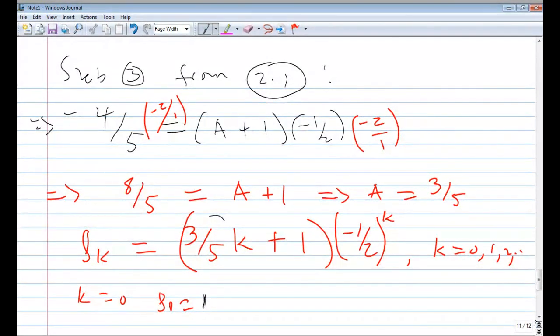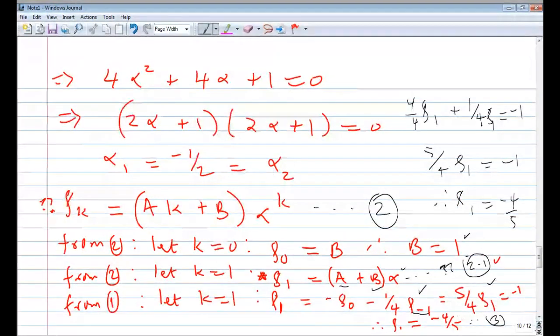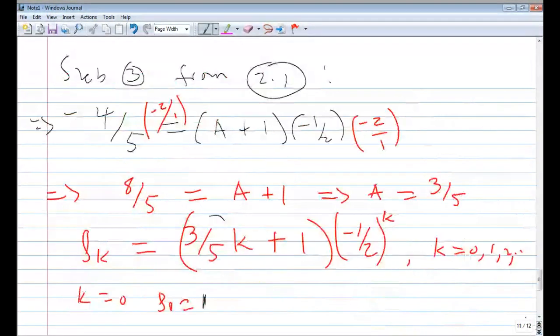If you check row 1 there, row 1 is equal to minus 4 over 5. When you substitute k by 1, you must get minus 4 over 5. Okay, let's do that. Substitute this one by 1. So it's going to be 3 over 5 plus 1 minus half, isn't it? So this one is 5 over 5 plus 3 over 5, which is 8 over 5.